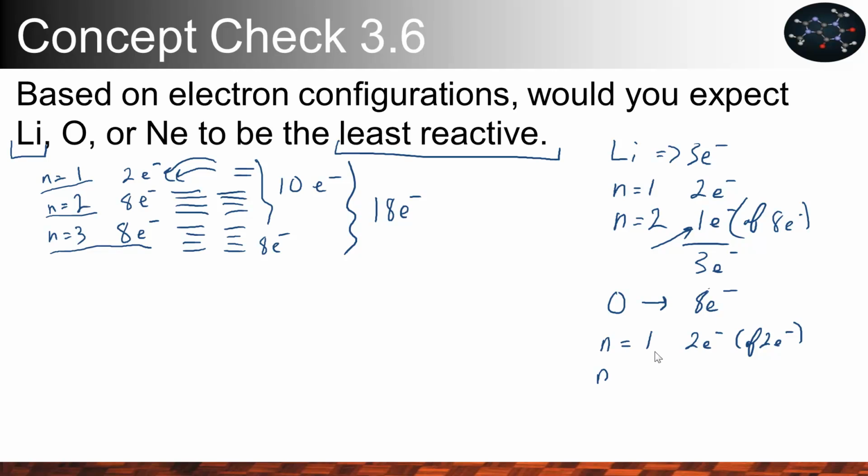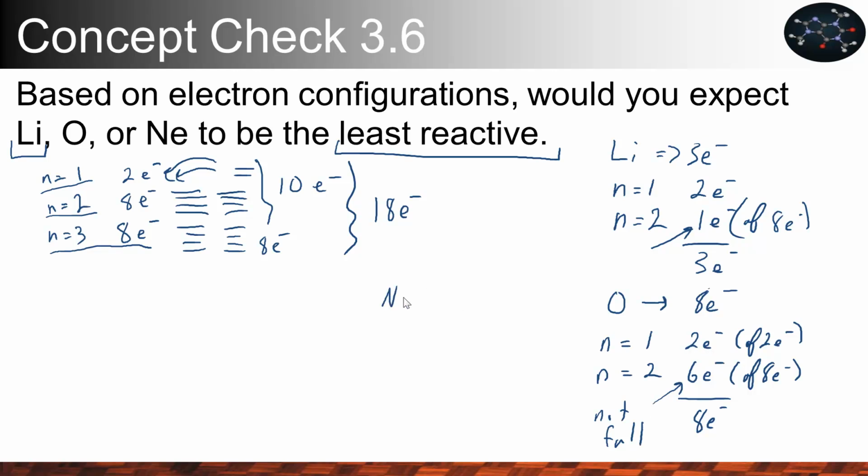Still have 6 more. The second level is going to get all 6 of those because it has room for 8. So we can definitely put 6 in there. So that's a total of 8 electrons that we found a home for. 2 in the first distance, 6 at the second distance, 8 altogether in the atom. So what this says is, again, we don't have a full outermost orbital. There's not 8 in that outermost orbital. So this is not the most stable.